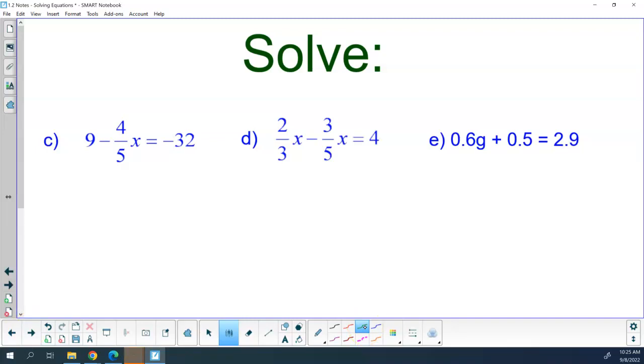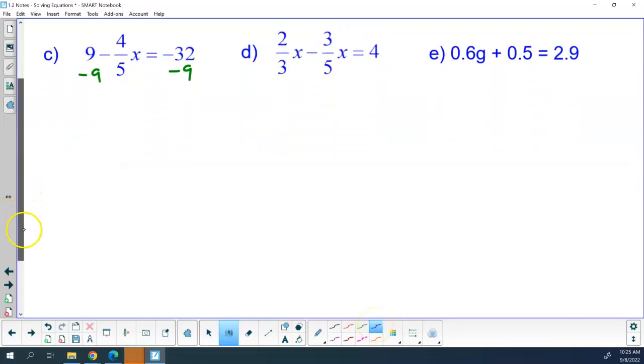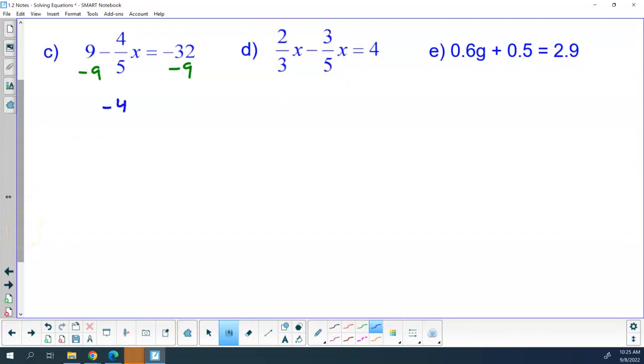Okay, so on this first one, I would start off by subtracting 9. That gives me negative 4/5 x equals negative 41. Agree so far? Okay.